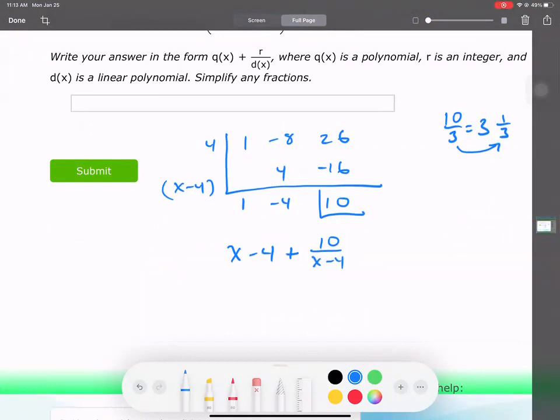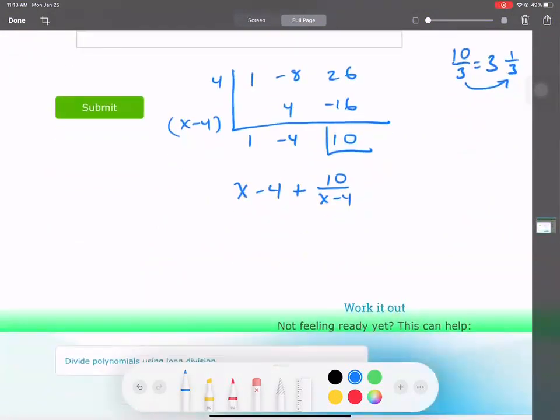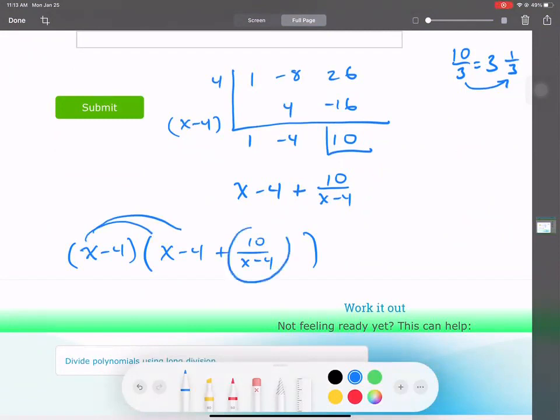Now, that's our answer, but I want to show you, is this a true fact? Let's go ahead and do something kind of awkward. I know it's going to be awkward, but please take a look at what I'm going to do here. I'm going to multiply them back together to see if we get our original problem. We're going to multiply x minus 4 by x minus 4, multiplying everything in the front, and I'm going to save the back for a little bit.